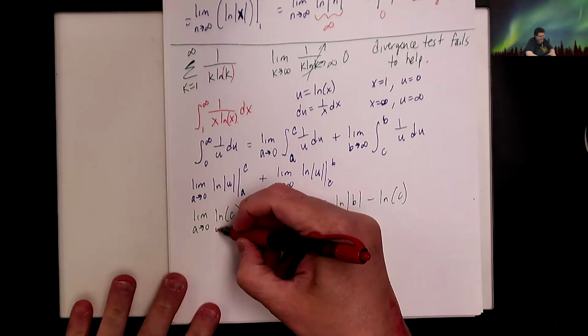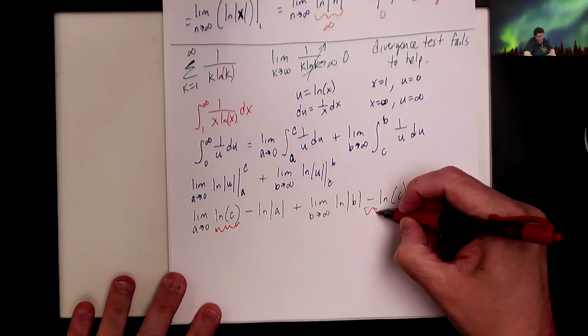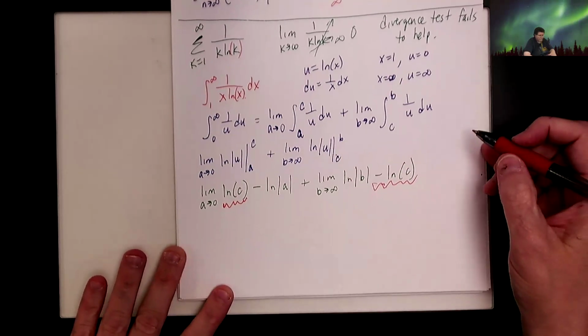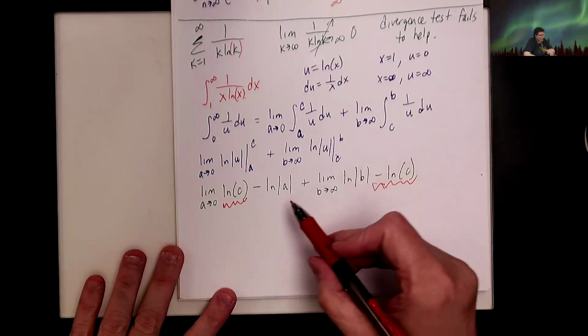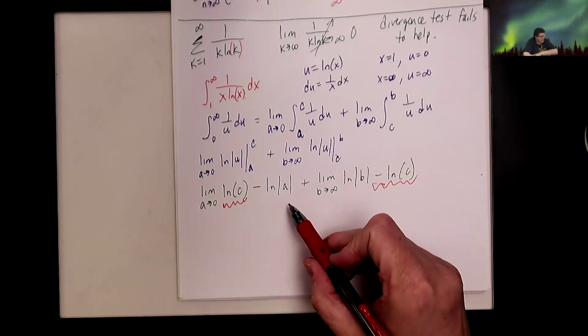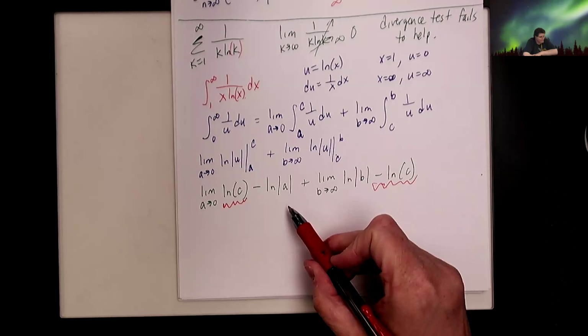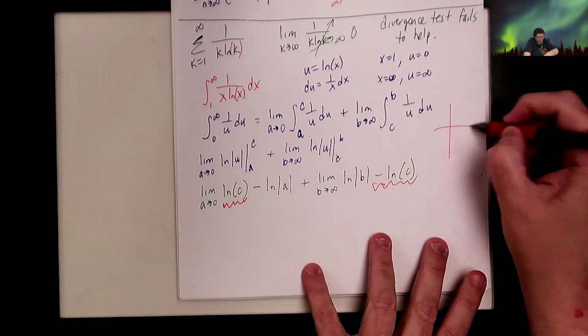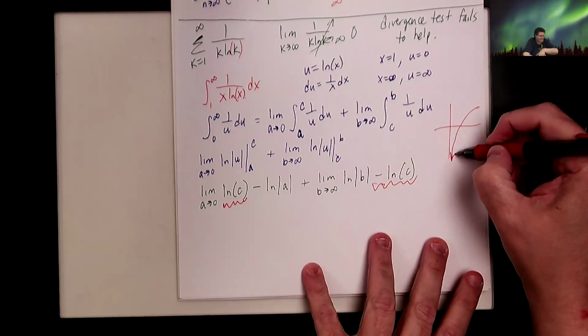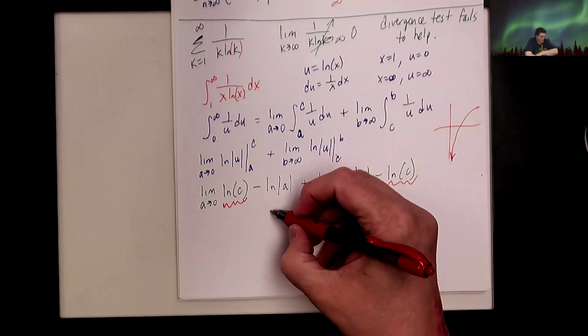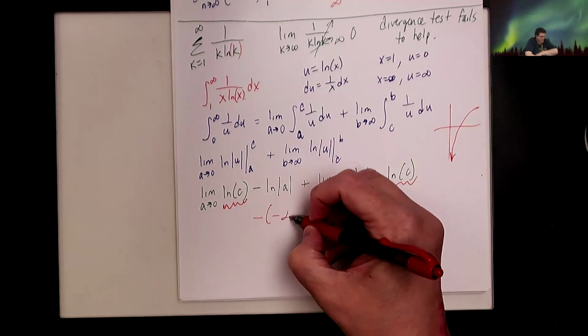We can see the ln of c cancels out. What is ln of 0? Natural log looks like this. Ln of 0 is negative infinity.